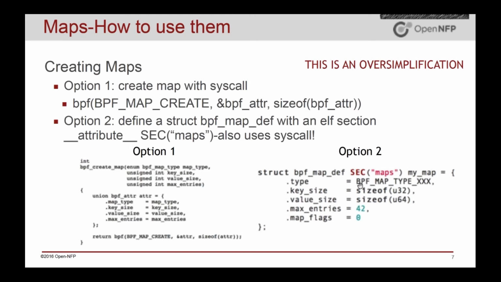So in the example here we define the BPF map type, the size of the key, the size of the value, maximum entries, and any flags associated. So this is just giving you a simple example. Now this is not yet enough, but this gives you a simple overview of how you can start building a map.